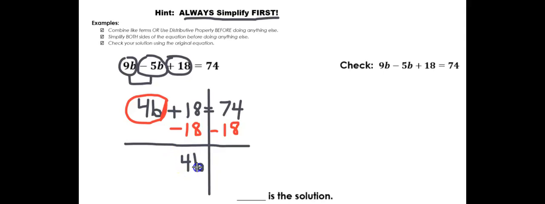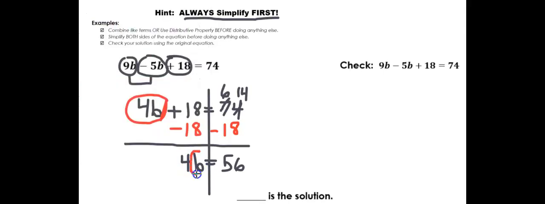So when I do the math that I just wrote, 4b plus 18 minus 18, these cancel, and I get 0. And the only thing left on this side of the equation is the 4b. On the right side of the equation, when I do that subtraction, I just borrow here, and I get 56. Now I'm going to circle my variable because I've now gotten it down to a smaller equivalent equation from what I started with.